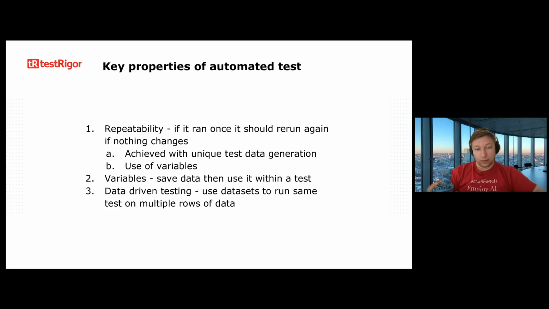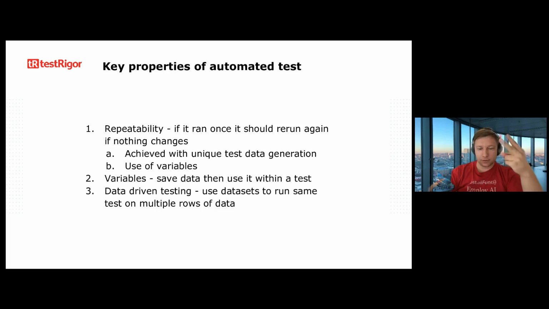And that means that you would need to use two subconcepts. That is unique test data generation. So you need to be able to generate the proper email and use the proper email every single time you go through the sign-up flow.